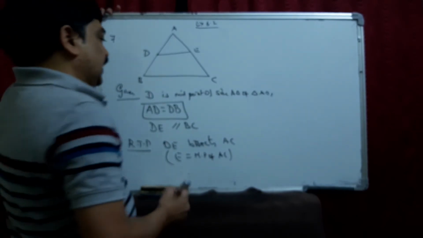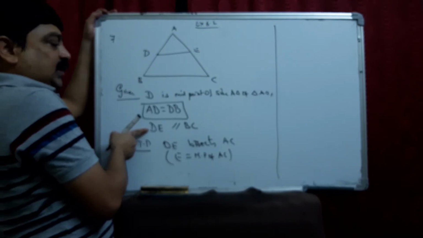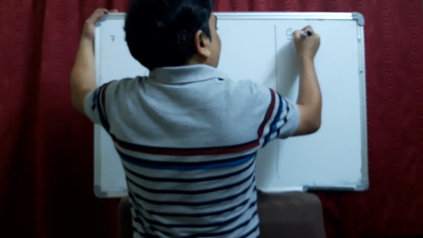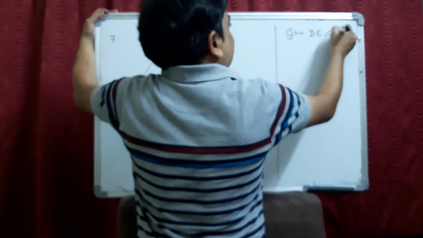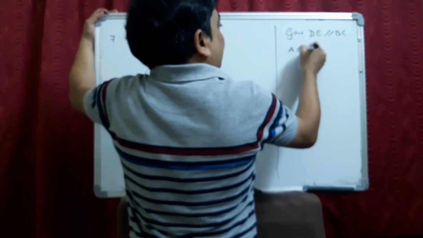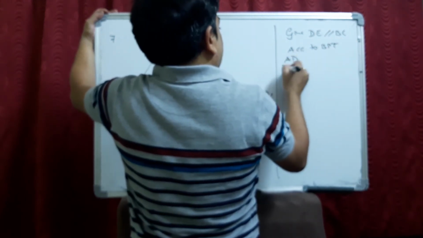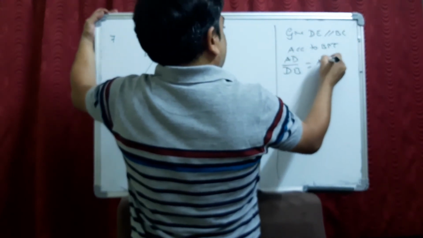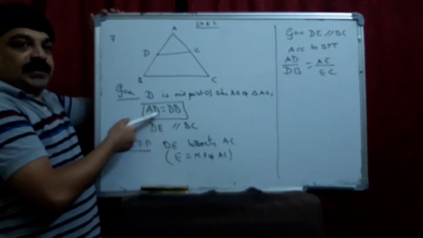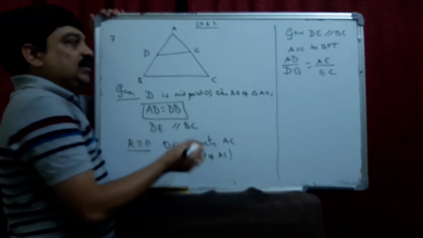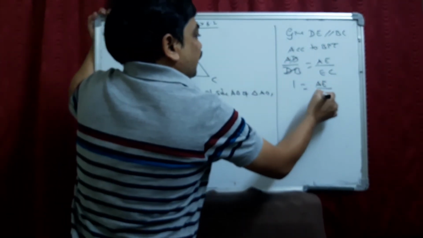Very simple. Now, we apply the basic proportionality theorem with this condition. Given DE is parallel to BC, according to BPT, you can write AD by DB is equal to AE by EC. But AD is equal to DB because D is the midpoint, so I can cancel this. 1 is equal to AE by EC.